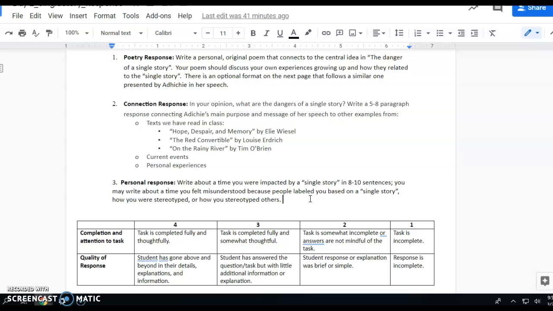So you might write about a time you felt misunderstood because people labeled you based on a single story, how you were personally stereotyped, or how you learned to stereotype others, or how you learned to tell a single story about a specific group of people, maybe based on what the media fed you, what society fed you, or just, she tells the story of her houseboy and how he was poor, and that was her single story about him. She couldn't believe that his family members could create something because she only had this one vision of them.